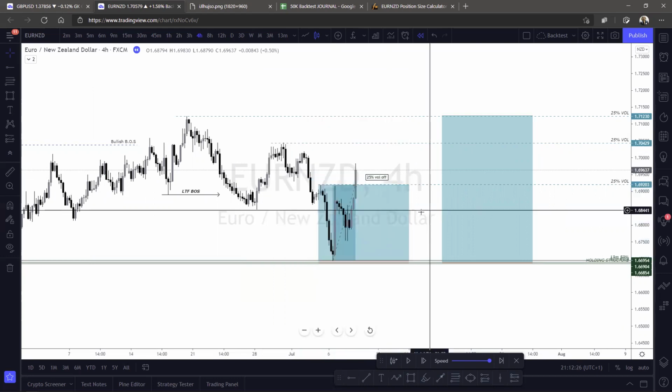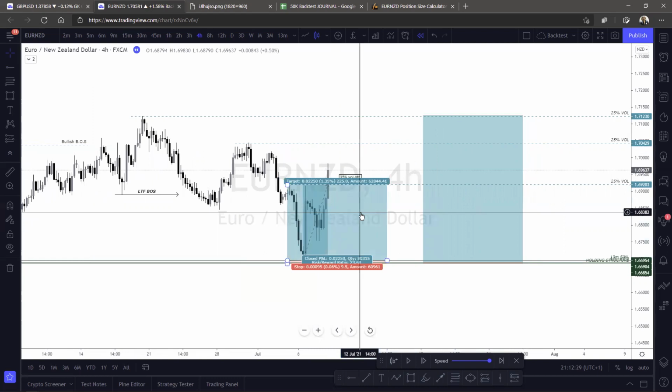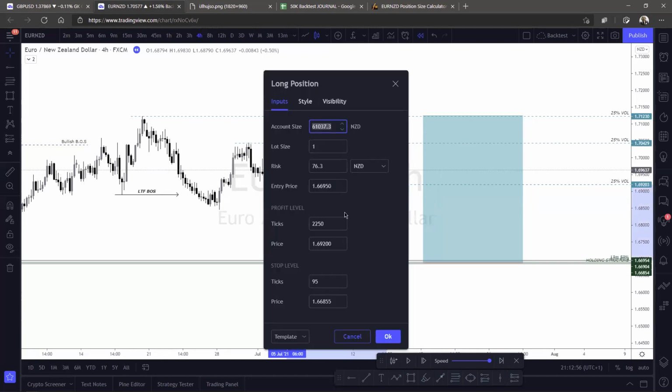So currently running right now is 62844.41 minus 61037. So current profit right now is 1,811 times 4.25.